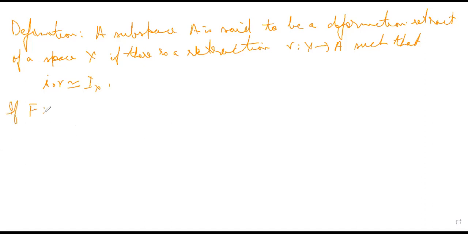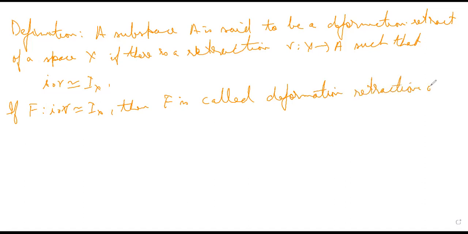Generally, if F is the homotopy from identity on X, then F is called a deformation retraction of X into A. So you can see that every strong deformation retract is also a deformation retract, and every deformation retract is also a weak deformation retract.